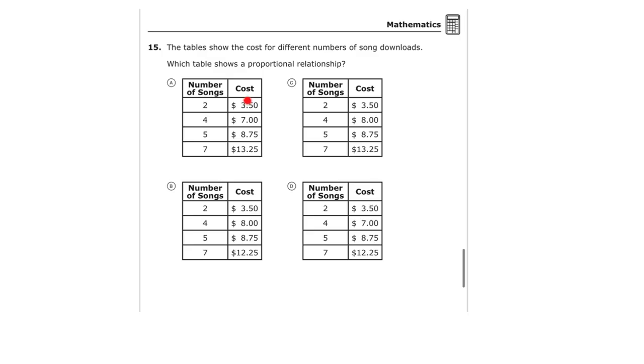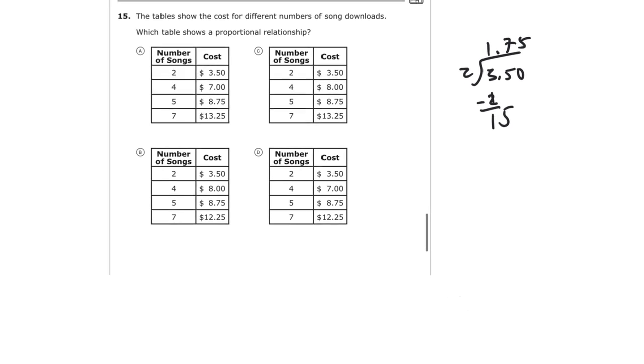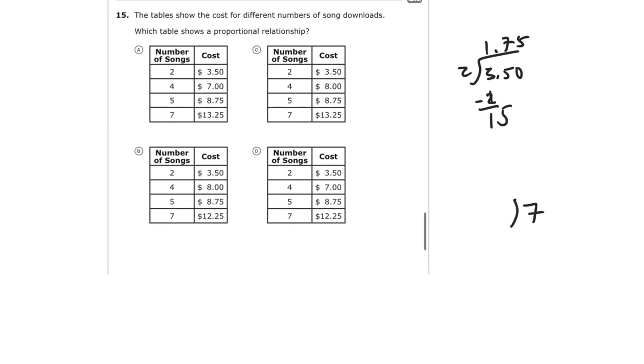So 350 divided by 2, let's take a look. So that would be 1, right? And then that's a 2, and then we have 1, 15, and that would be a 7, and I think that's a 5, $1.75, right? And then if you did 7 divided by 4, let's take a look at that.